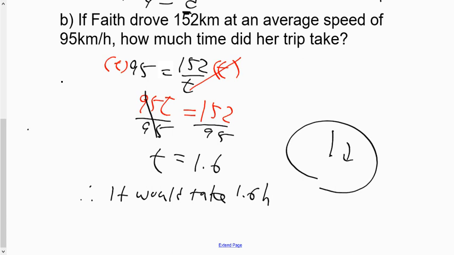So 0.1 hours is 6 minutes, right? It's a tenth of an hour. So if you broke up that 60 minutes into 10 parts, 1/10 of that hour is 6 minutes. So therefore, 6/10 of an hour, which is what this decimal part represents, is really 36 minutes.